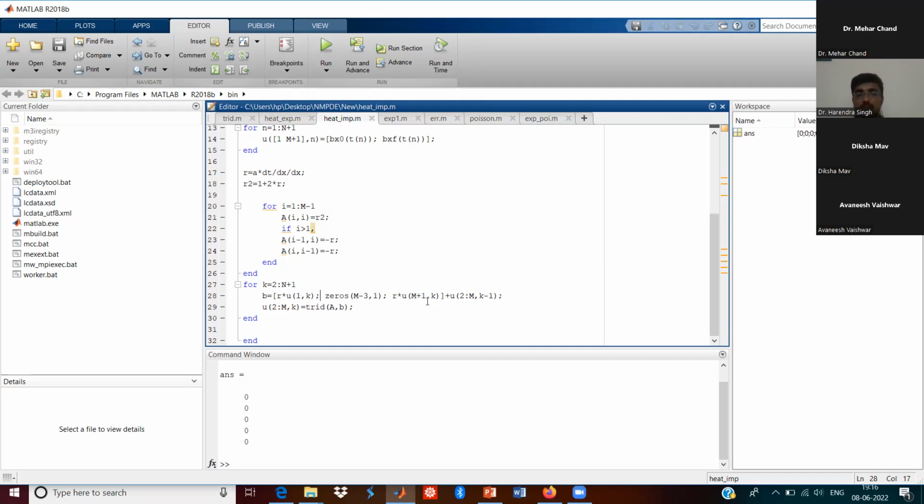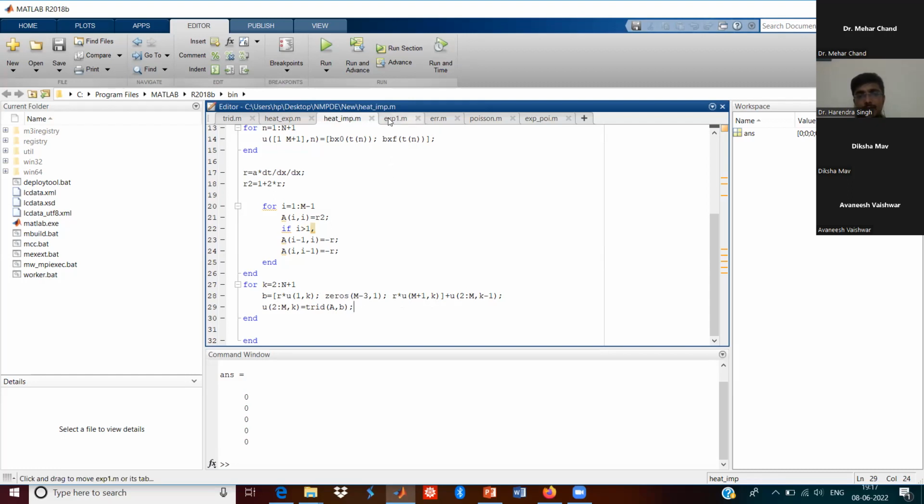Plus U(2:m)k minus 1 means you run from 2 to m, again a column matrix. So you can add, and now we will get a system of matrix for A and B. You can use the tridiagonal system, which I have done.